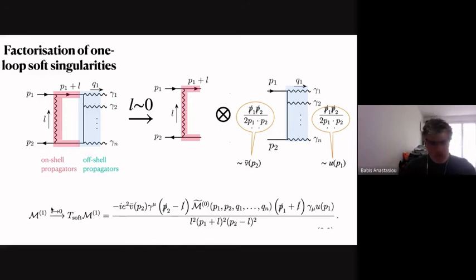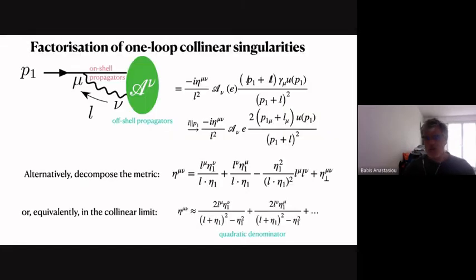This is the one loop amplitude, and the soft limit is the propagators that remain on-shell attached, and the hard propagators in here are calculated with zero loop momentum flowing into them, and they are a tree amplitude. And this is what you expect from factorization. Now let's go and study the collinear singularities.